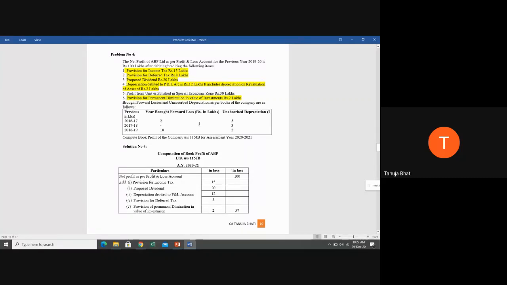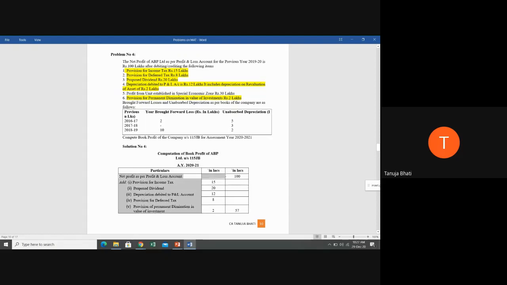So now whatever we discussed, we are just going to put it in the format. They're telling us to compute the book profit of the company under section 115JB for the assessment year 2020-2021. So, computation of book profit of ABP Limited under section 115JB for the assessment year 2020-2021.